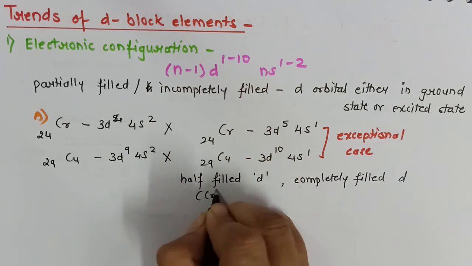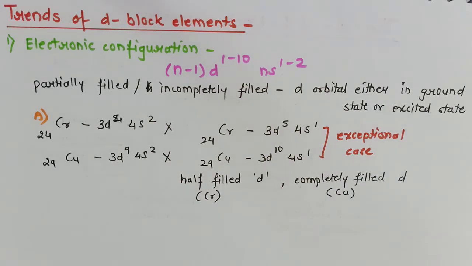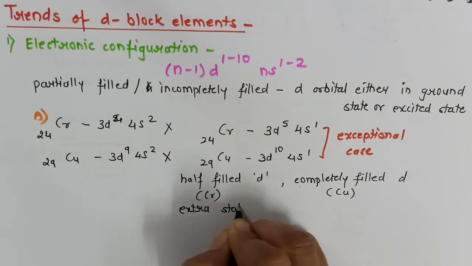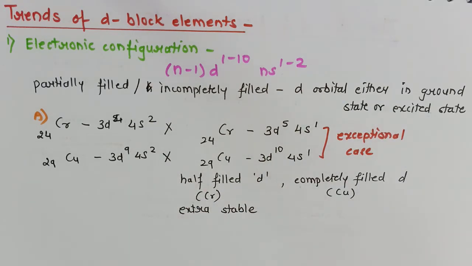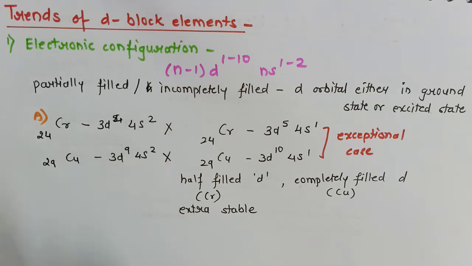Half-filled d orbital for chromium and completely filled d orbital for copper. We know half-filled or completely filled orbitals are extra stable. And therefore chromium and copper show exceptional case. They show the configuration 3d5 4s1 and 3d10 4s1 instead of 3d4 4s2 and 3d9 4s2.